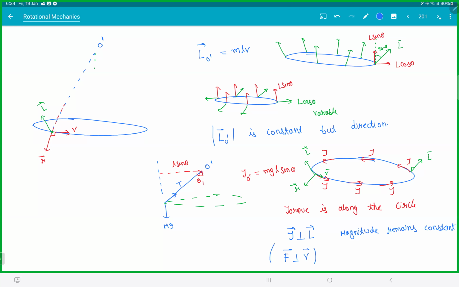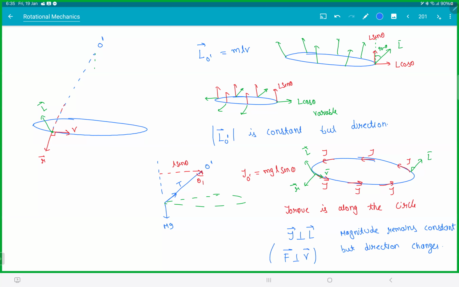But if it is perpendicular, you can't change the magnitude. That means the only way you can change it is by changing direction. And that is the reason L bar is rotating in a circle. Torque is also rotating in a circle. Torque and L bar are always perpendicular. This is a very important one.